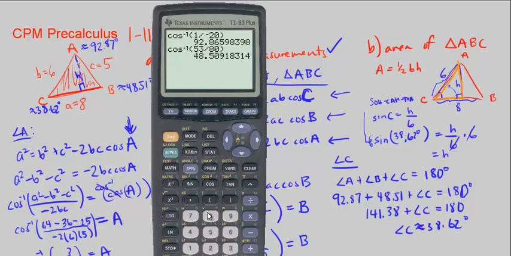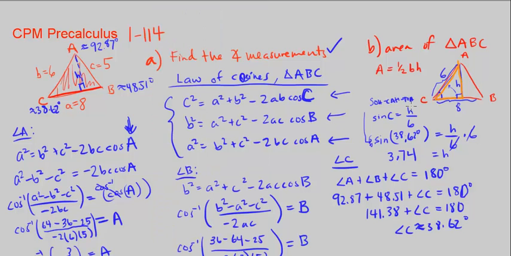Okay, so we have 6 times sine of 38.62, and we get H is equal to 3.74. Okay, so rounding to 2 decimal places, again, this 4 makes this 4 stay. Okay, so let's get rid of that. So we have H is that.